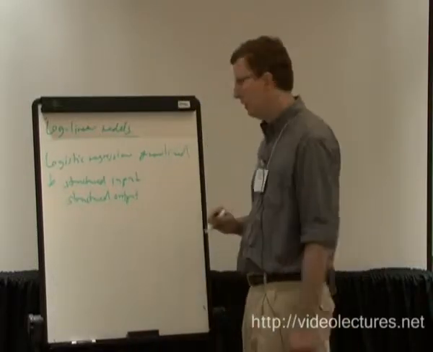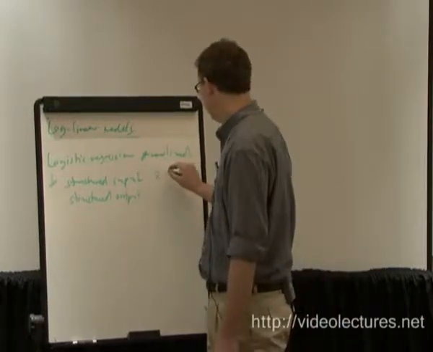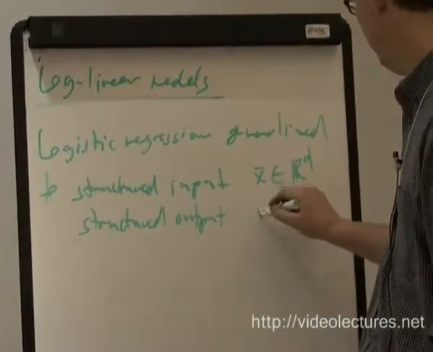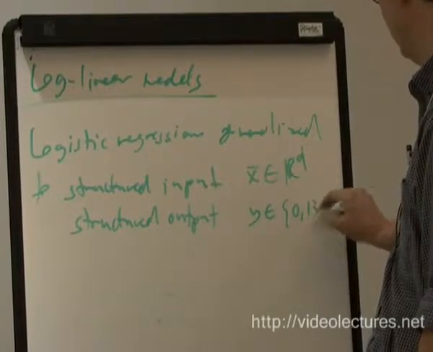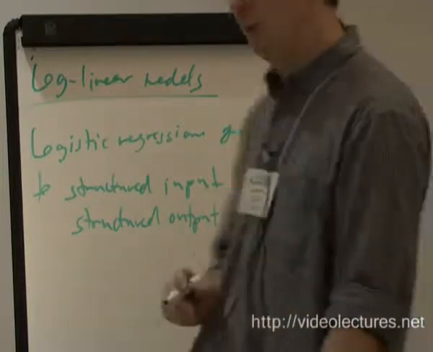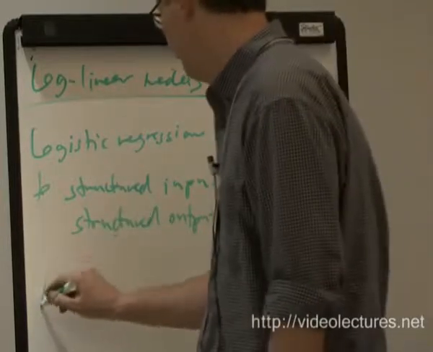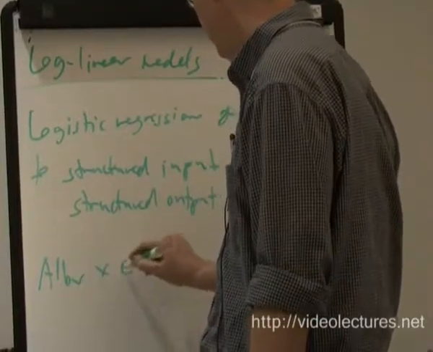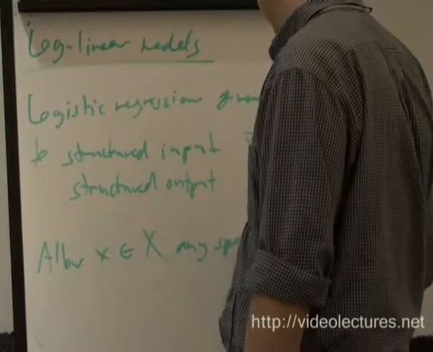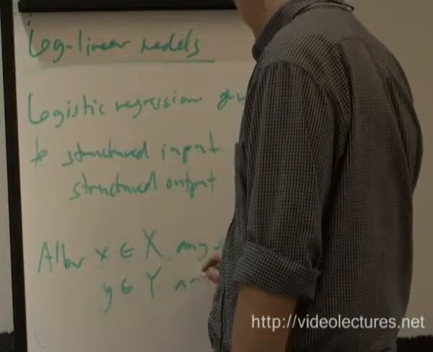In a logistic regression, the input is an x bar that's a real valued vector, and the output y is binary. But we want to solve much more general supervised learning problems. We want to allow x to belong to any space X, and also y to belong to any space Y.